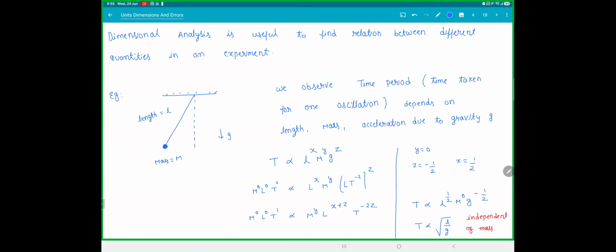So let's see a question on this. Let's say we have a water jet. V is the velocity, so you're sending a water jet with speed V. Rho is the density of the liquid or the water.